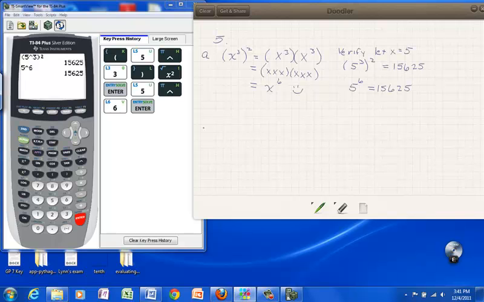Let's take a look at 5b. That is a to the 5th and then to the 3rd power. So that's a to the 5th times itself 3 times.